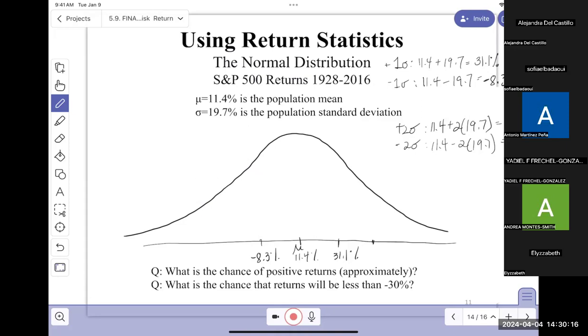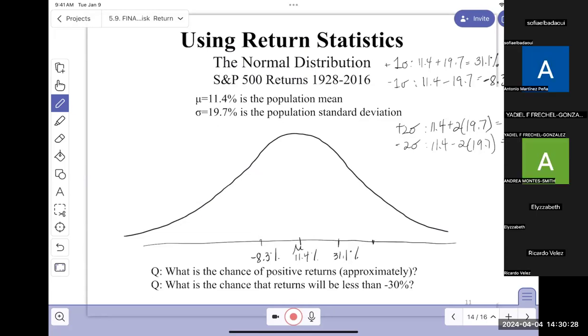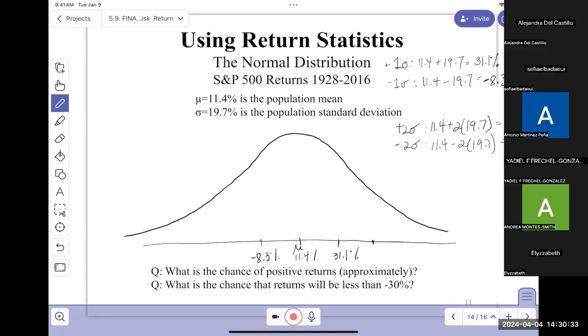Oh, it's really high, right? It's going to be 50.8. Let me do the other one. It's negative 28.